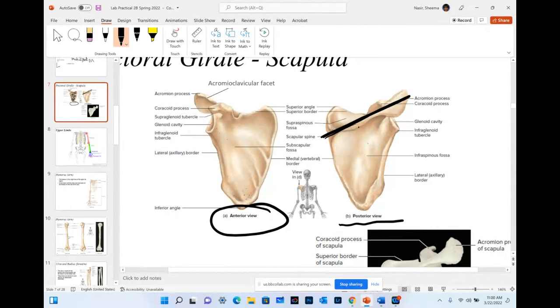Do you understand? Smooth is anterior, spine of scapula is posterior. Is that clear? Now let me show you more.